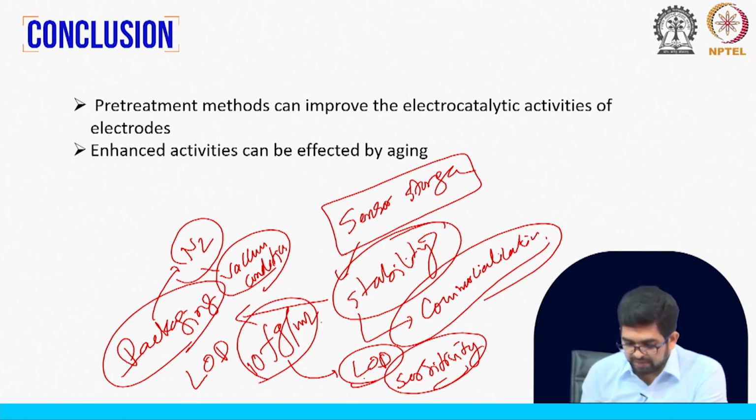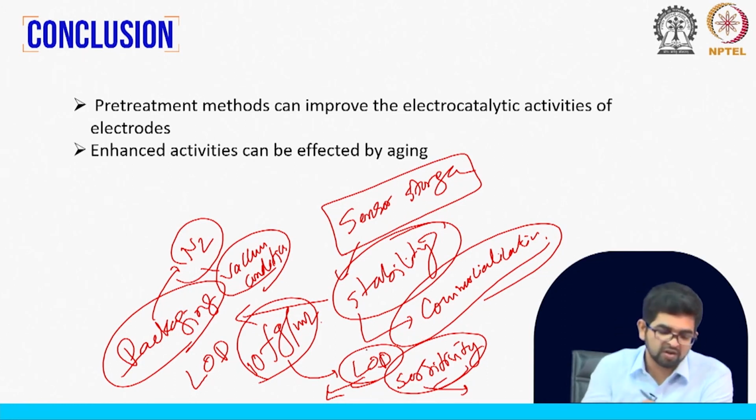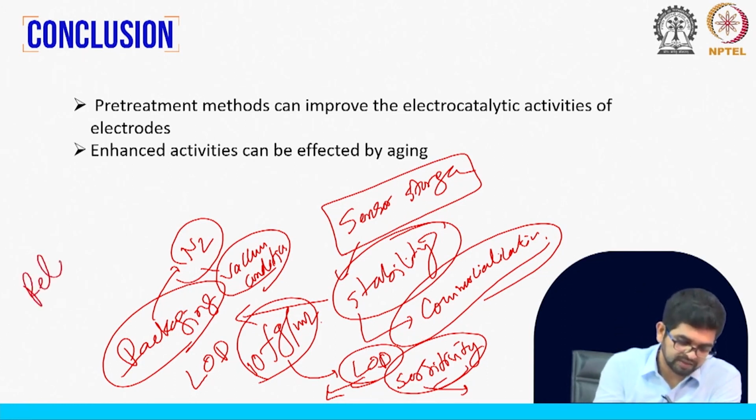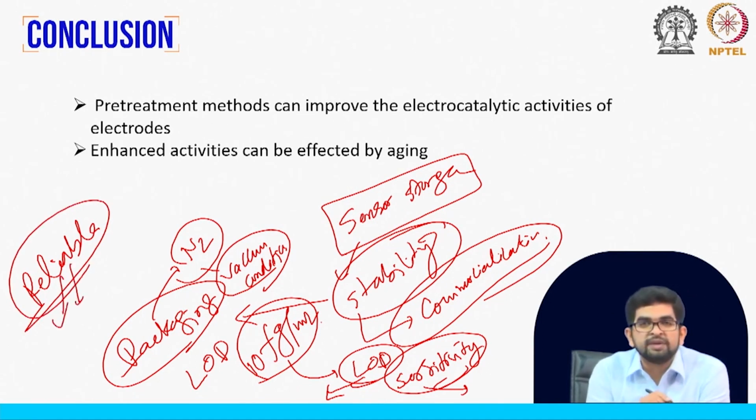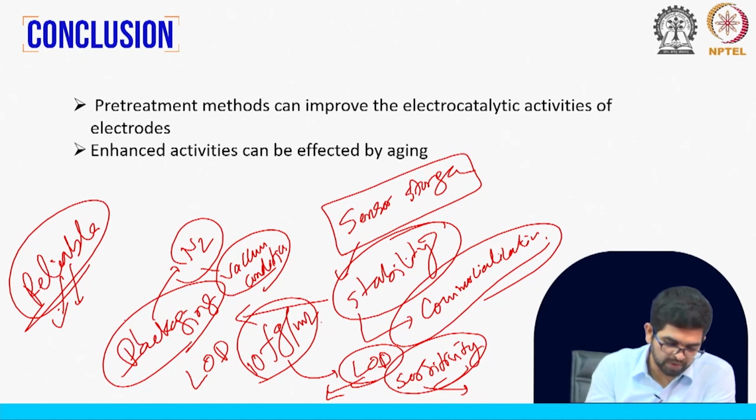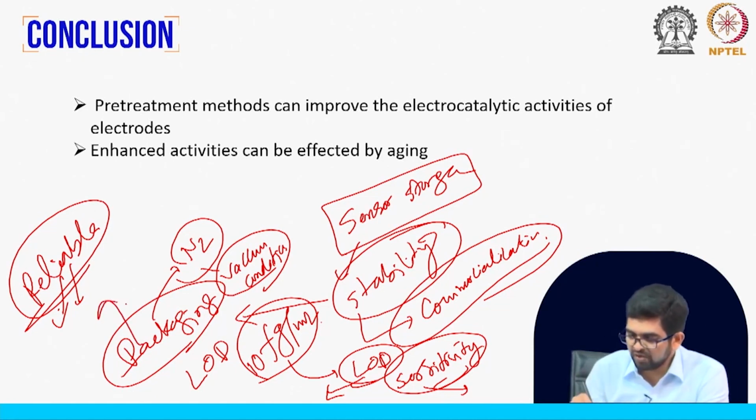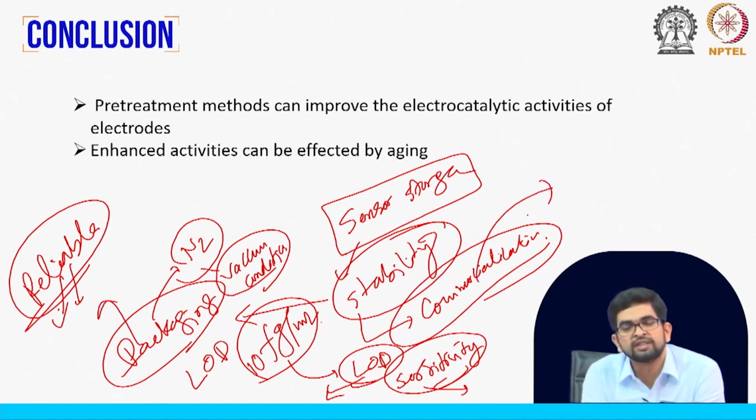If you are not getting a similar limit of sensitivity, then your sensor is not reliable. Reliability is a very important parameter for sensor development. If your sensor is reliable and you can store it for a long time with a proper packaging system, only then can you think about commercialization of your device.